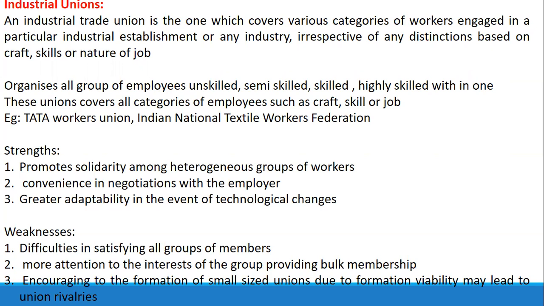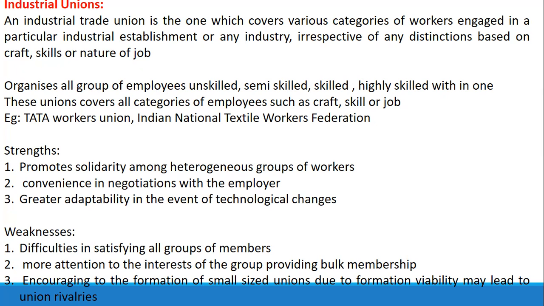These industrial unions are a combination of different employees. They may be unskilled, semi-skilled, skilled, highly skilled. People may be of different skills, from different categories. Altogether, they are members of the industrial union. Let us take the examples.